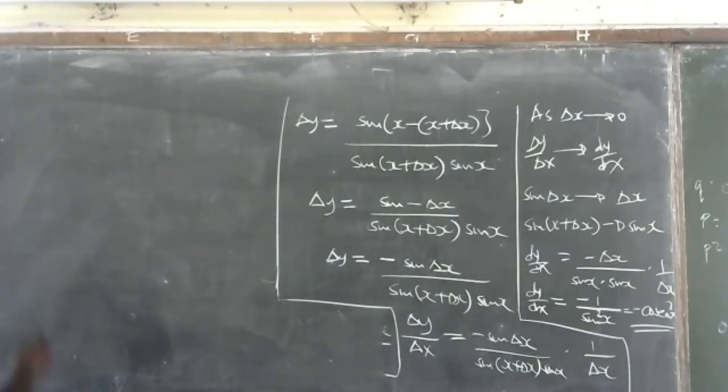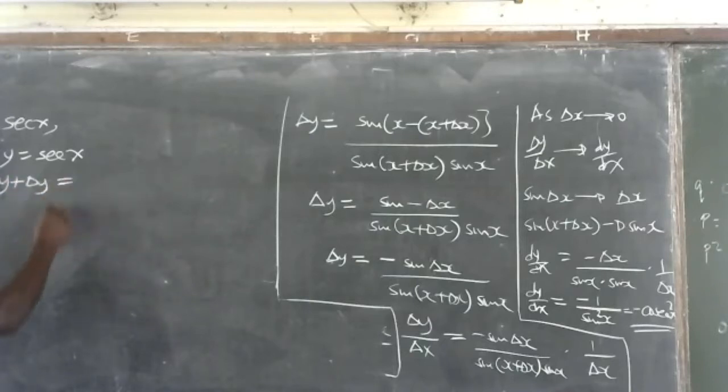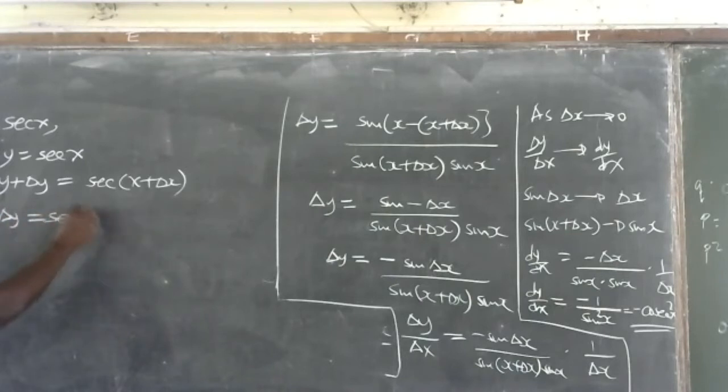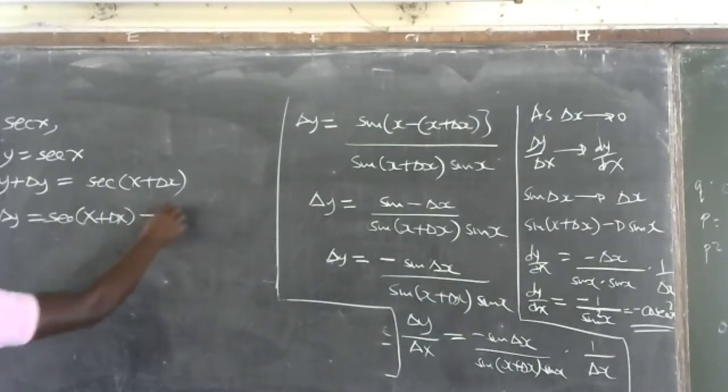Okay, part E, it says, let y be set, and then y plus change in y, this set of x add change in x, like that. Our change in y becomes the y at x plus the change minus y at x.